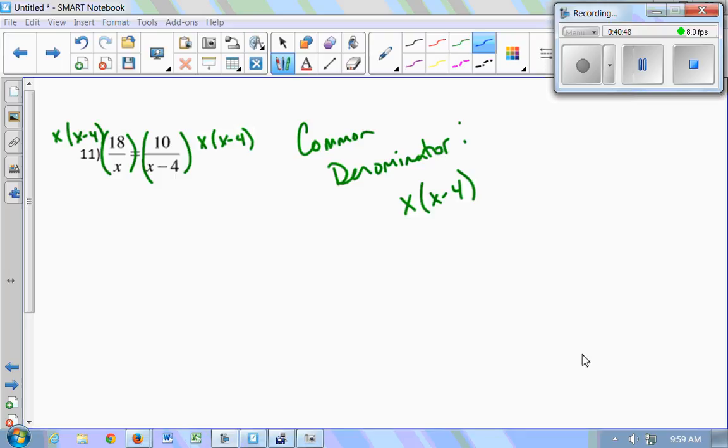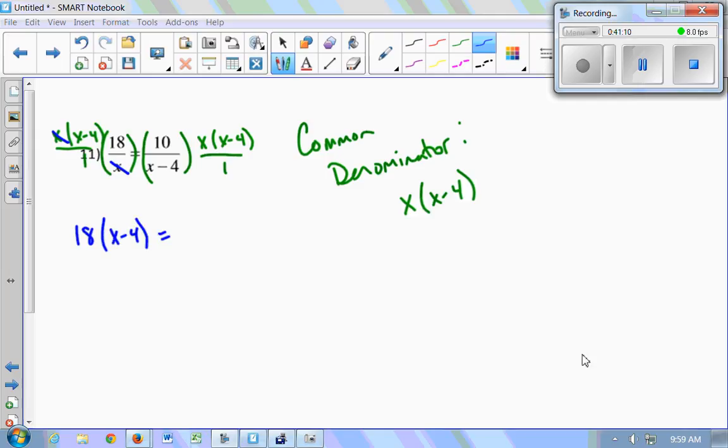All right, on the left, these are all over 1. So on the left, I have an x in the numerator and an x in the denominator. This x and this x cancel. So I'm left with 18 times x minus 4, and my denominators are just 1s, so I don't even have to write them.